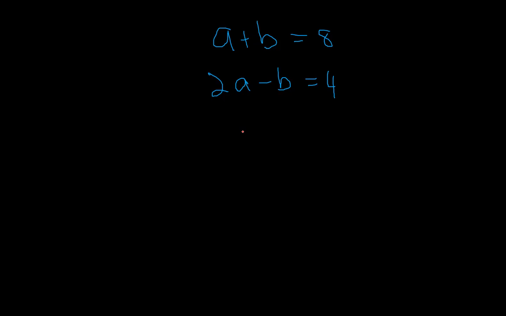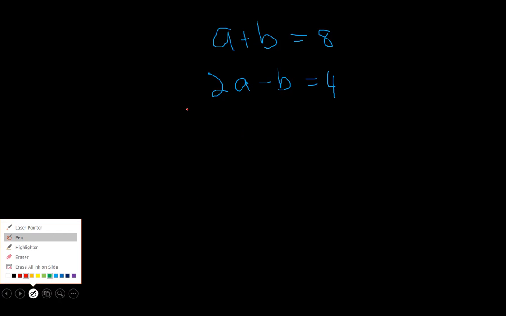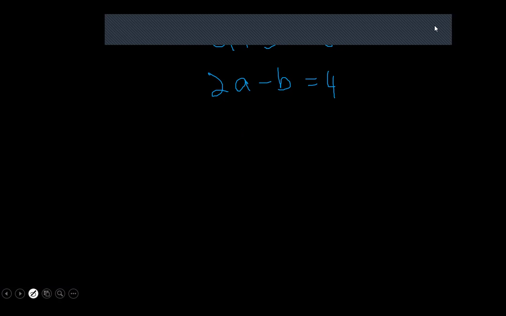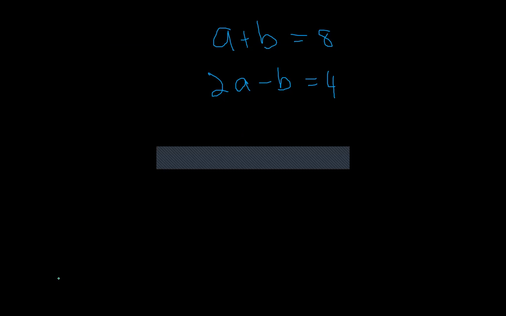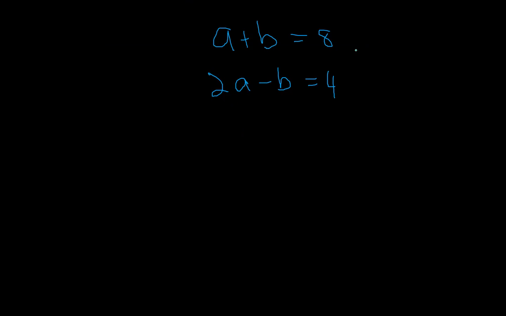So how do I solve this simultaneously? Well, hopefully you remember how to solve equations simultaneously. If you don't, let me know, right? But right now I'm assuming that you remember. So I can take this first equation and say, okay, a is equal to 8 minus b. Then using this, substitute it into the other equation.